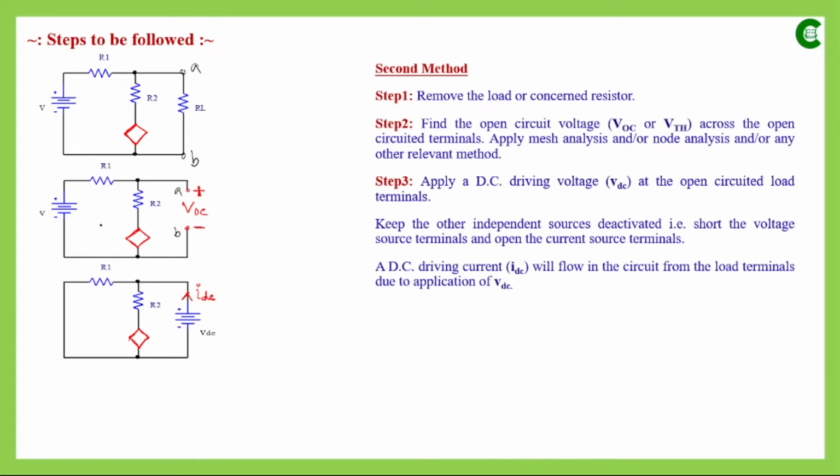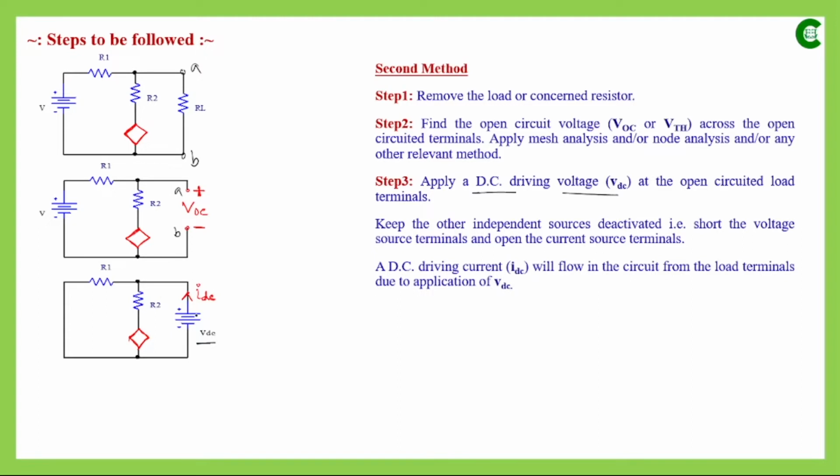Now in the next step, we will connect a DC voltage source between these two open terminals. Let's say that the voltage value of that DC independent voltage source is VDC, and it is supplying some DC current, IDC, in that circuit.